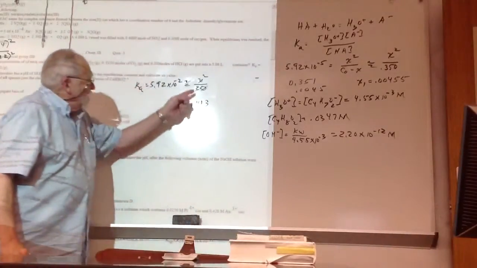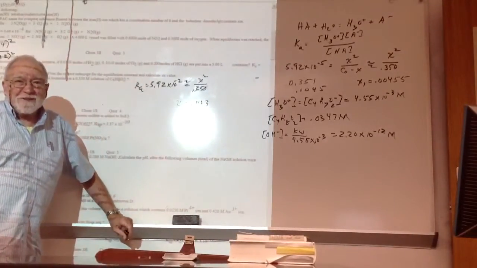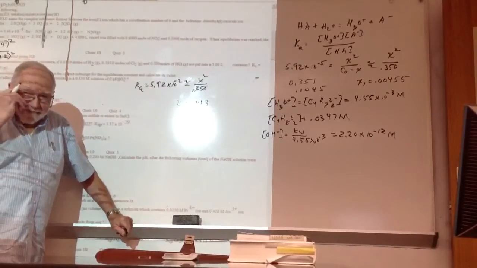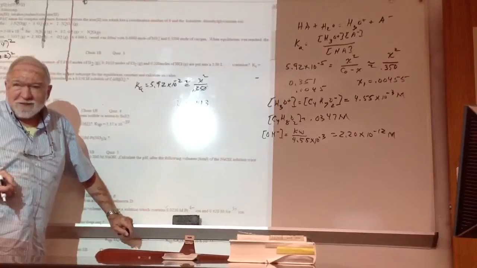You can see right away, this is 14 parts of 35, that's about 20% error. Okay, so that approximation wouldn't be very good at all.